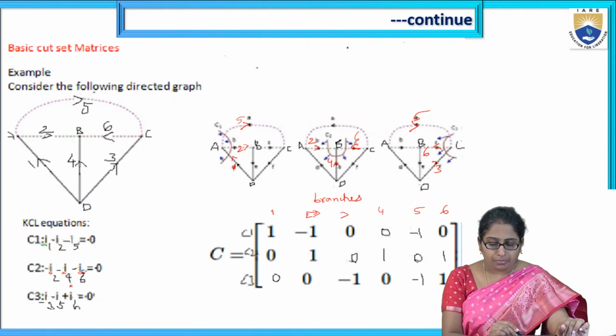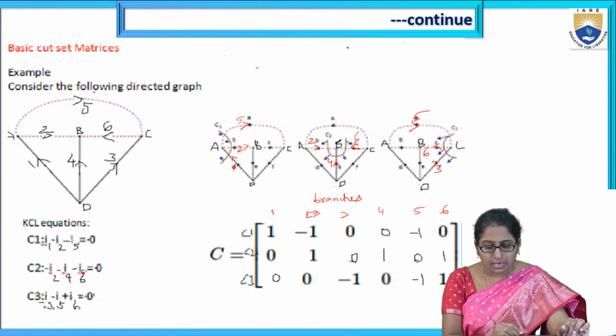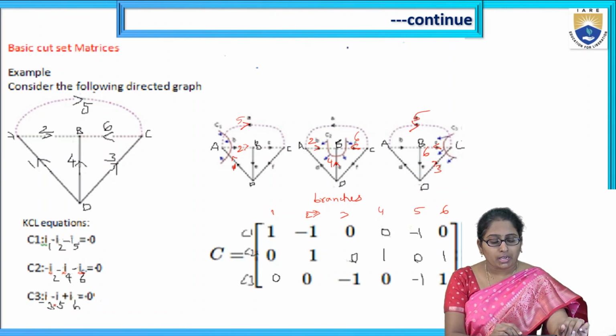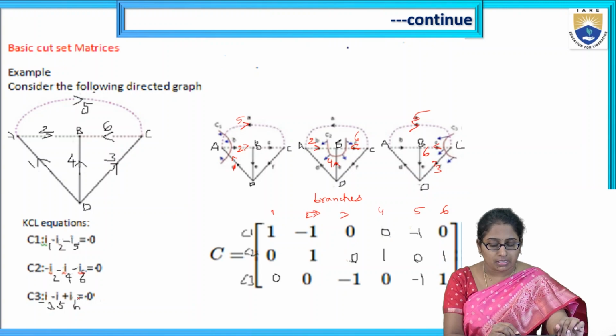So I3 direction is opposite to the C3 cut set direction, so minus I3. Then I5 is also opposite to the C3 direction, so minus I5. Then I6 current direction is the same as the C3 direction, so plus I6. So minus I3 minus I5 plus I6.